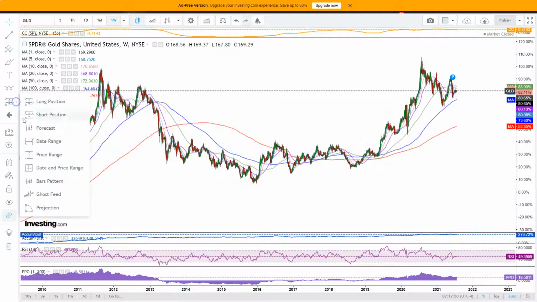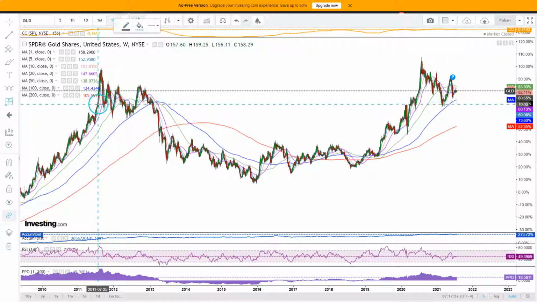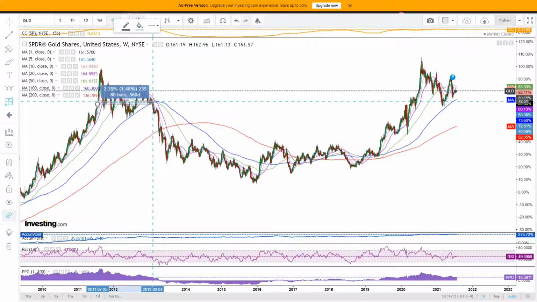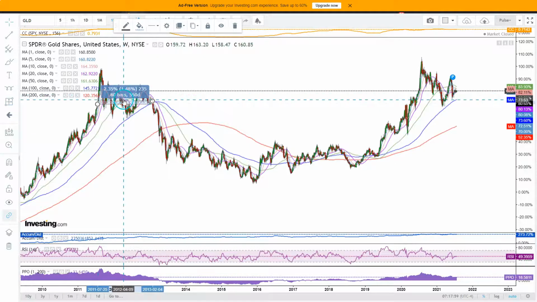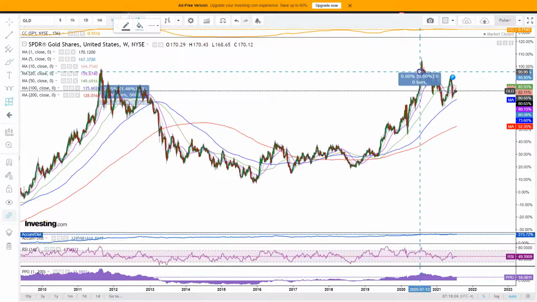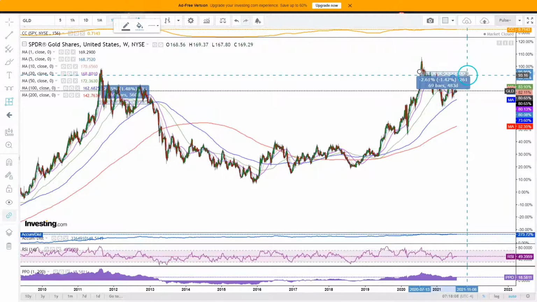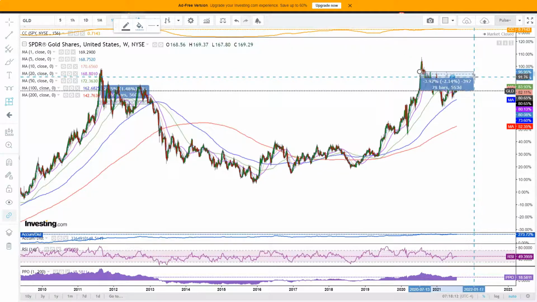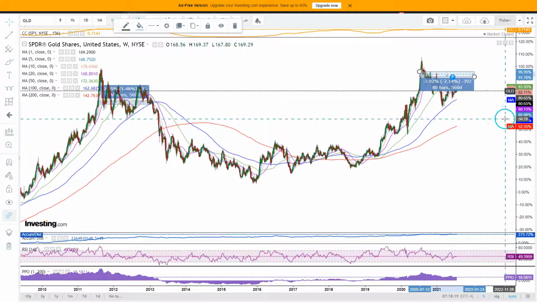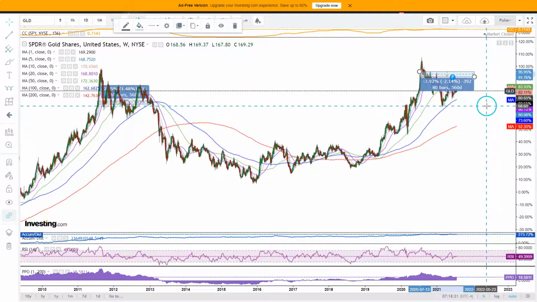If we were to guesstimate how long the cup will be in duration, we could compare it to this move here. So this was 560 days. So if we were to measure from, let's take it here, 560 days, that actually does push us to the late part of January 2022.